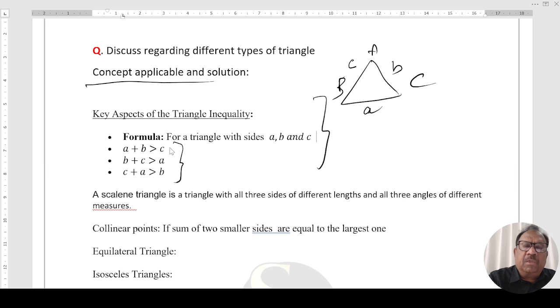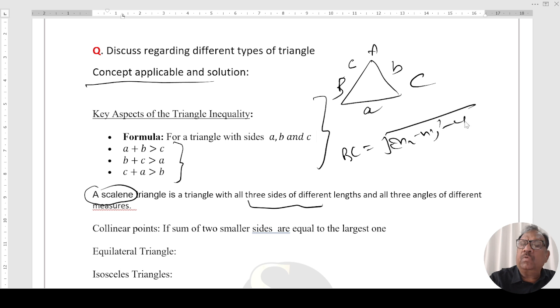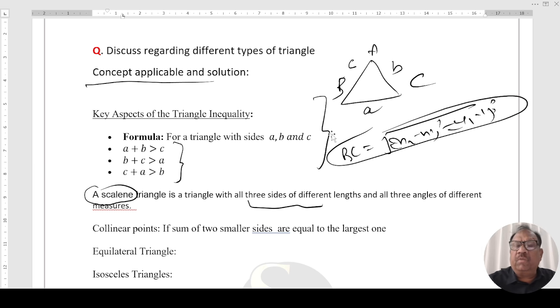The nature of triangles: scalene triangle is when all 3 sides are different. Sides, like BC, we can find using the distance formula: under root of x2 minus x1 whole square plus y2 minus y1 whole square. Using the distance formula, we can find a, b, c if the vertices are given to you.